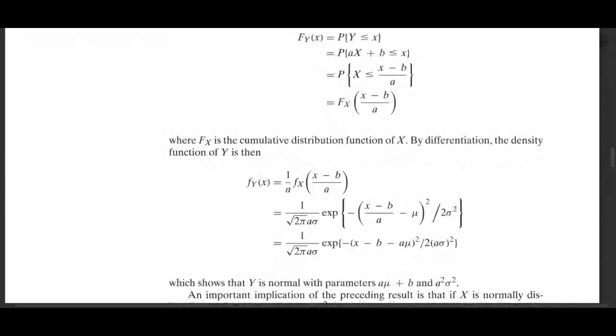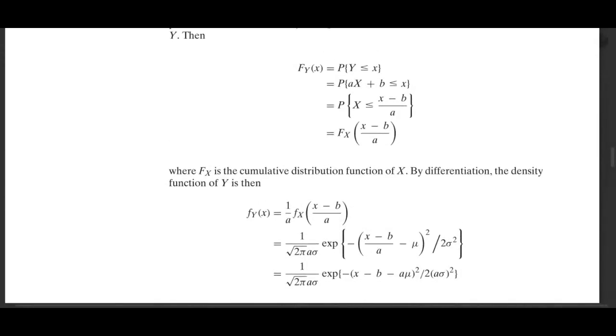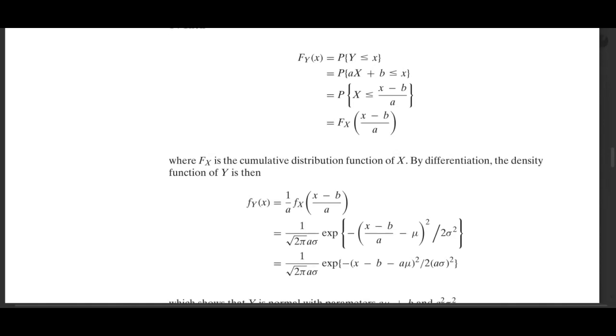So now we differentiate to get the density function of Y, which is 1 over a times the density function of X evaluated at (x minus b) divided by a.